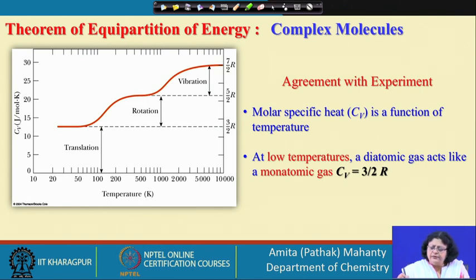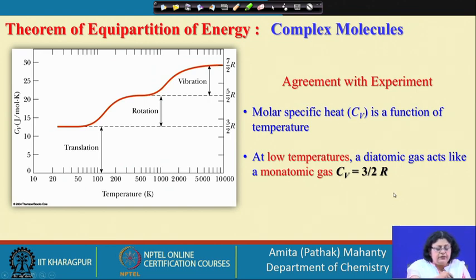If we measure that, it is found that whatever we have found for monoatomic or diatomic gases is more or less agreeable to what we find using the kinetic theory of gases or the equipartition theorem. And at low temperature, the diatomic molecule behaves like a monoatomic gas, and CV is equal to 3/2 R.